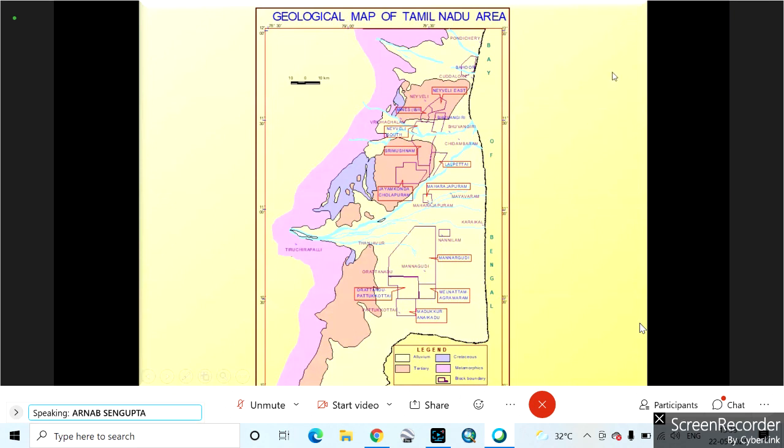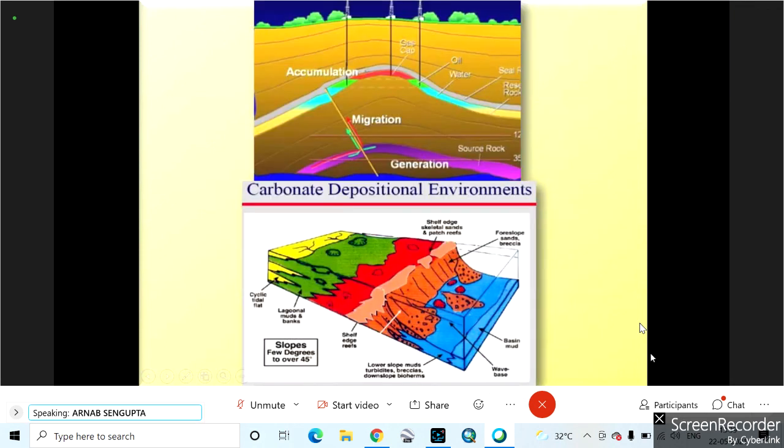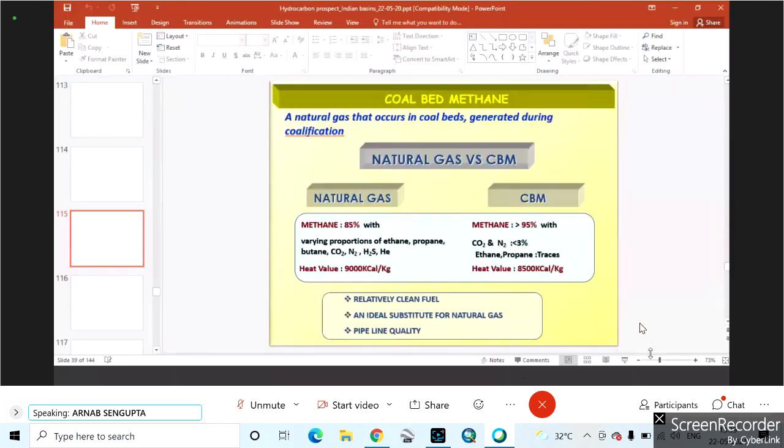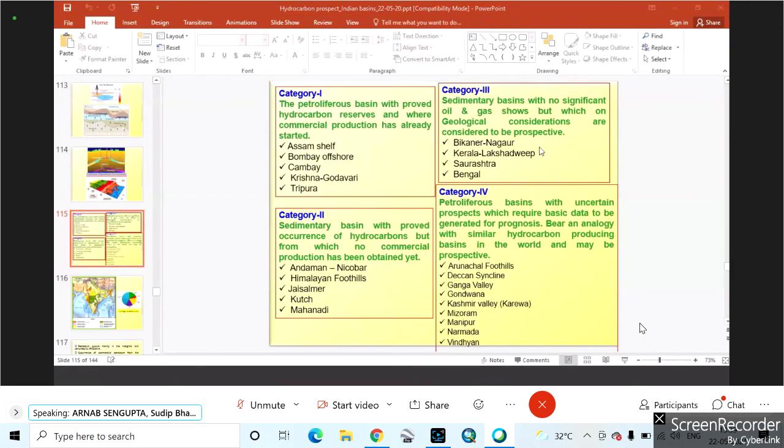Sir, in one of your slides, you have shown that in Sohagpur coalfield you have traced a fault, and you have mentioned that some artificial condition is there, especially with CBM, and you have mentioned ring dike.